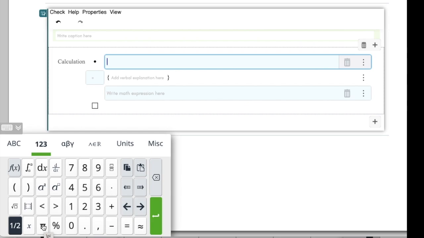You can mix freely the keyboard and the math panel. So for example, I could write here, I take the square root, I click here square root, and then I write 23, space gets me out of the square root, plus, and then I write backslash sqrt space, and that gives me a square root again, and 23.